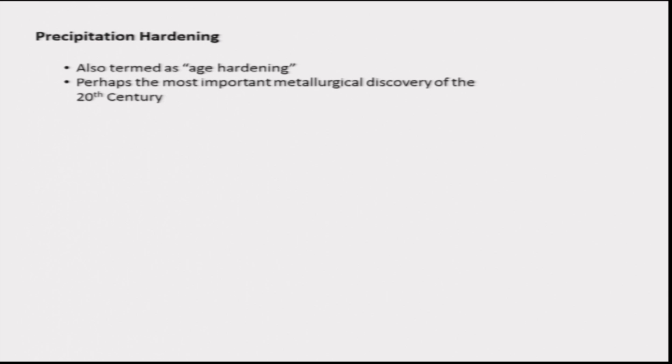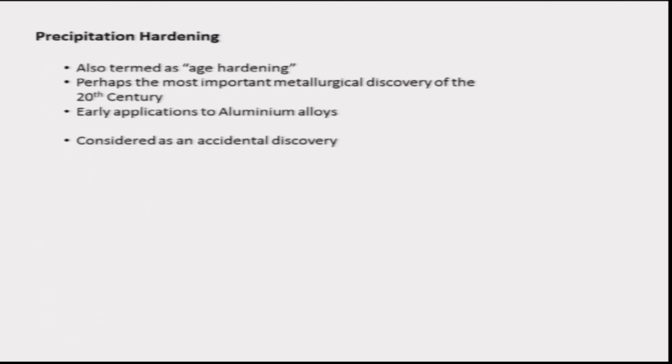It is also termed age hardening, and it is perhaps one of the most important metallurgical discoveries of the 20th century, which changed the way materials got used, and in fact enabled aluminum alloys to become very useful engineering materials. Early applications of precipitation hardening were in the aluminum alloys.